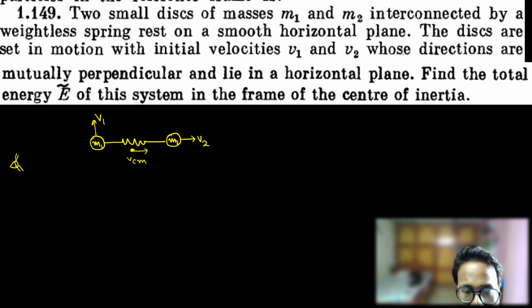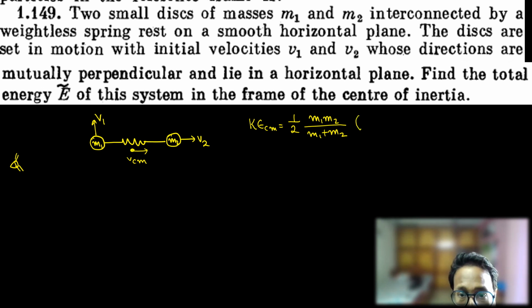So the kinetic energy as seen by center of mass is equal to half equivalent mass. Equivalent mass was equal to m1 m2 by m1 plus m2. See the formula in question number 147. I told you to memorize it. Into relative velocity of one with respect to other squared.